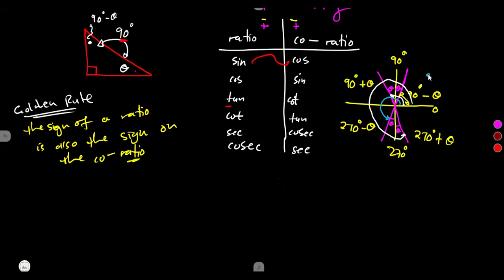Remember, this is your first quadrant. Whether it is about the co-ratio, the concept is about reduction to have an acute angle at the end. We are supposed to have it as an acute angle.